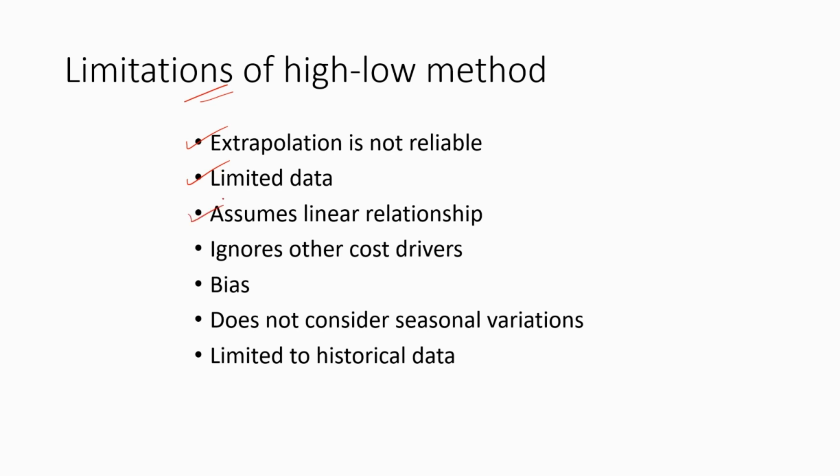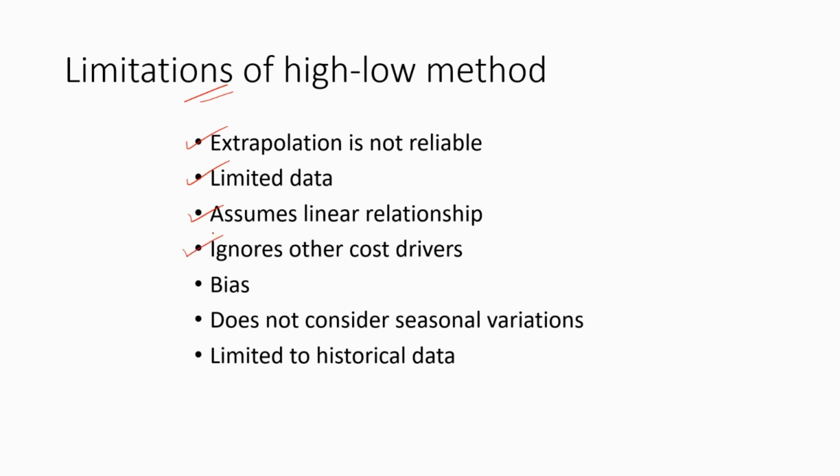Assumes linear relationship. The high-low method assumes that the cost behavior is linear, which may not always be the case. The actual relationship between cost and activity level may be more complex and nonlinear.